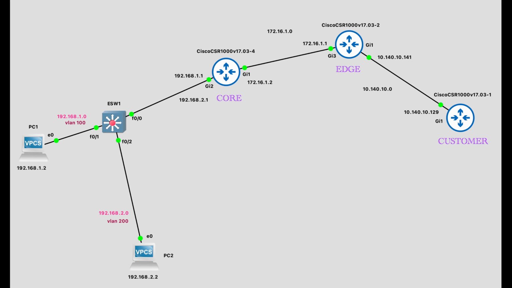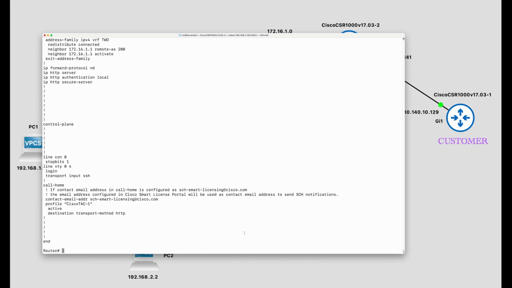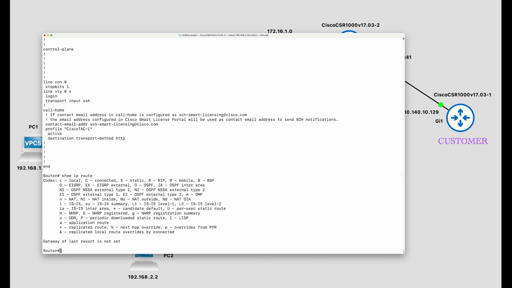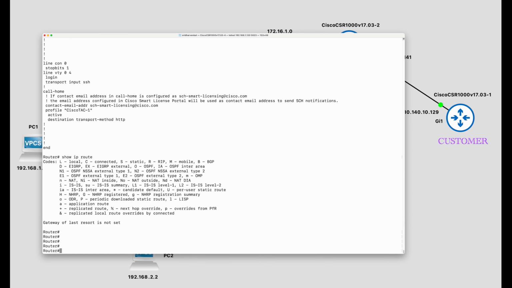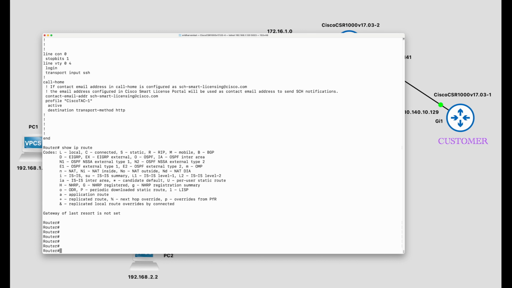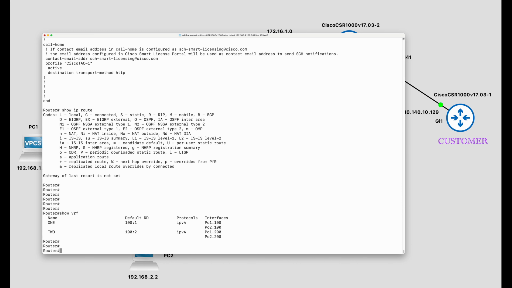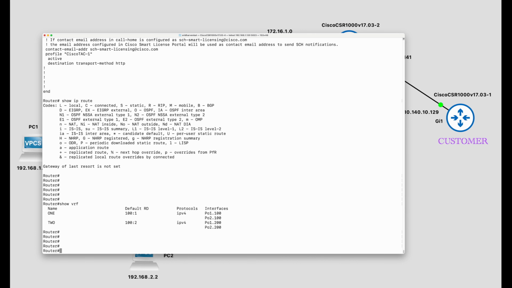Let's go to the core router first, which is 3.4. Show IP route. There's nothing in the global address table. We have two VRFs here, and let us look at the routing table for both the VRFs.